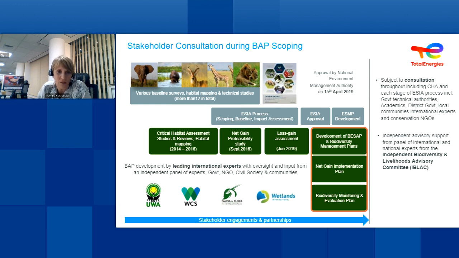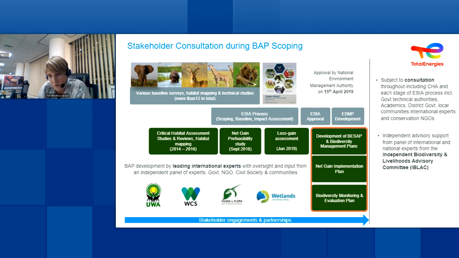So we started with the critical habitat assessment. We then moved into the ESIA process itself, and then we did some pre-feasibility studies around, well, if we're looking to achieve net gain in this landscape, how can it be done, and what sort of opportunities are available for us? So that did involve a huge amount of consultation, particularly with the NGOs working in the area, conservation organizations.